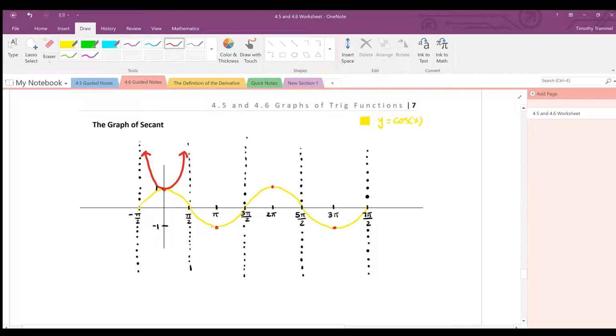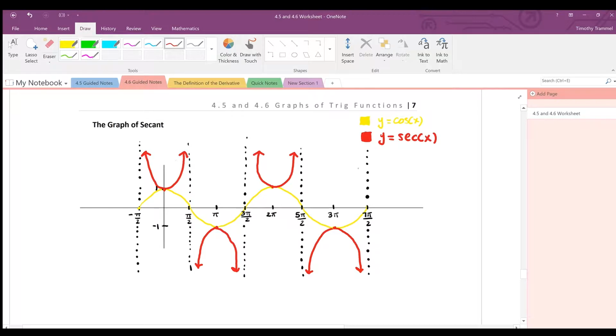We're just going to continue making those almost U-like shapes here. And so in the red there, we have y equals secant of x.